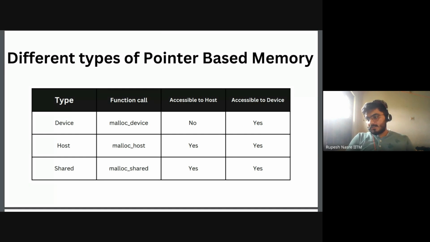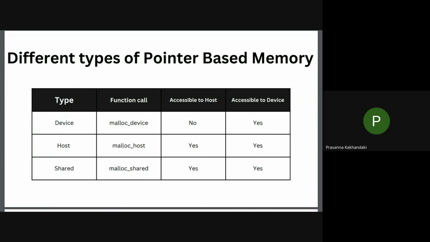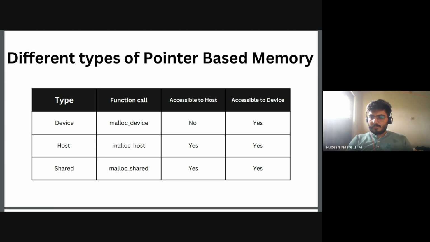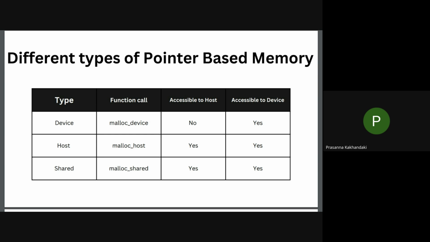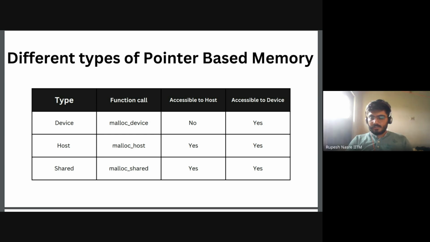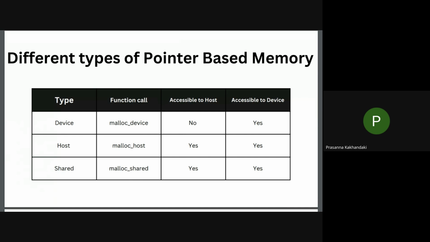Yeah, host memory is necessary to do the data transfer between the CPU and the device, and also to manage the overall program flow. But shared memory is where only the device is using it, though it's accessible to host, well, actually it's not accessible to host.